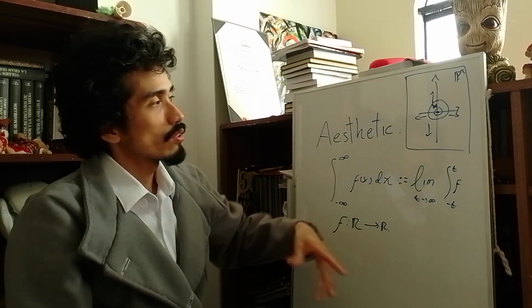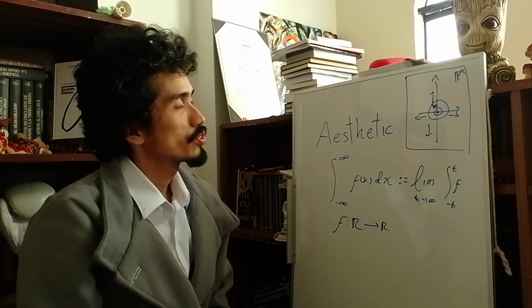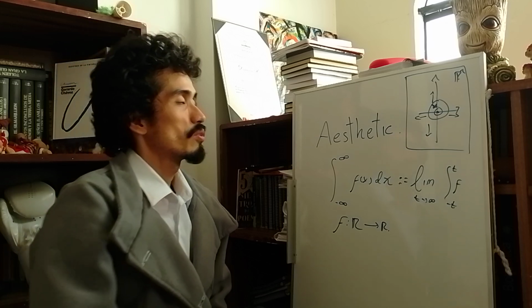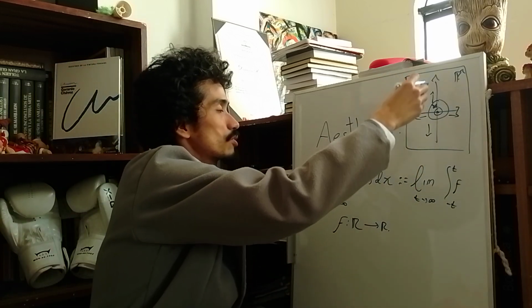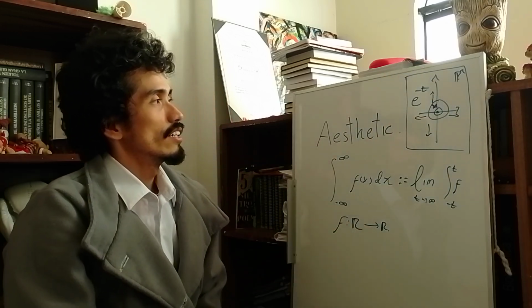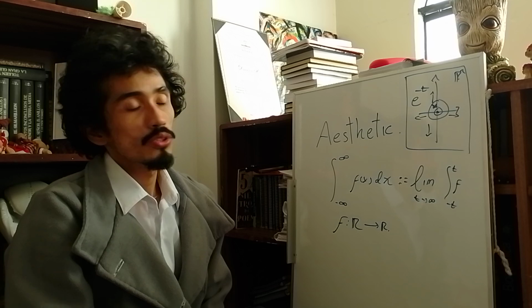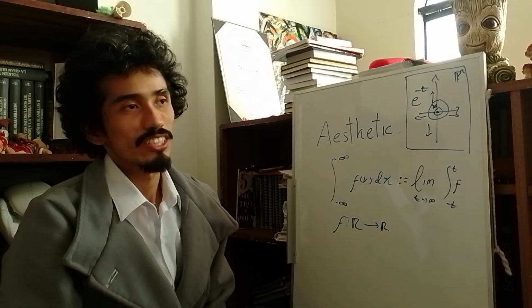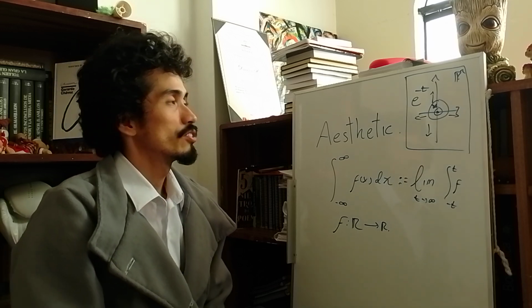As t grows into infinity, you could approach the origin asymptotically with some function like the exponential of minus t or something like that. So in principle you could do it for, as I told you, simple domains.